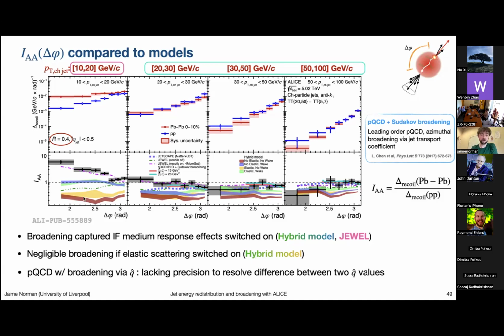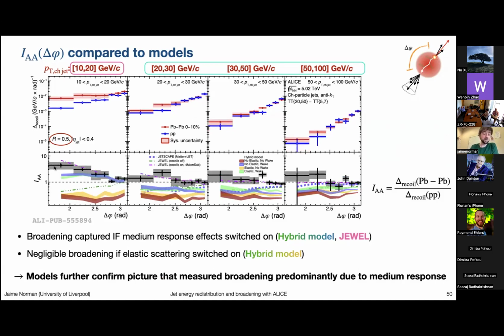So the hybrid model comparing blue to green, or yellow to red here. So these are the model comparisons and the explanation for this broadening. We also see for 0.5 the same thing, right?